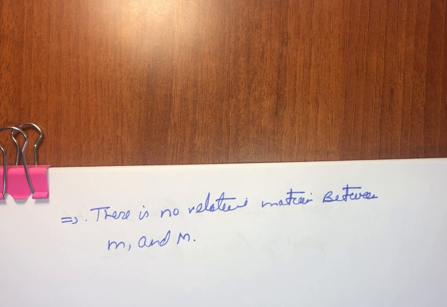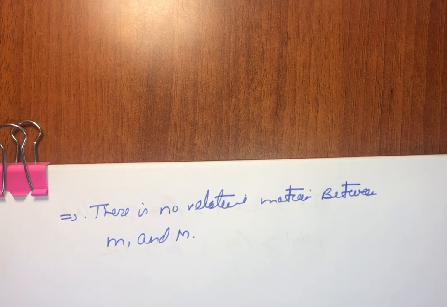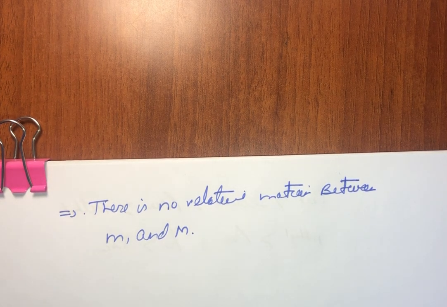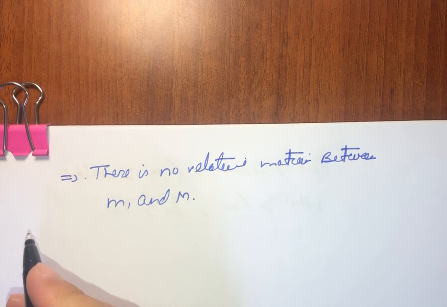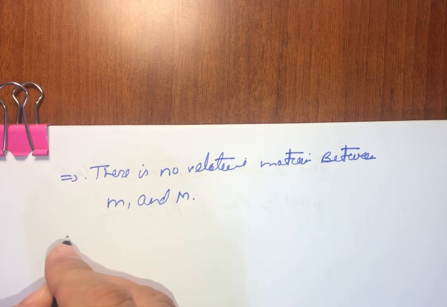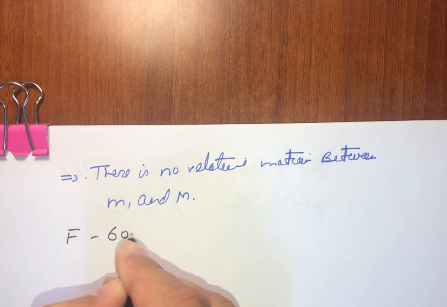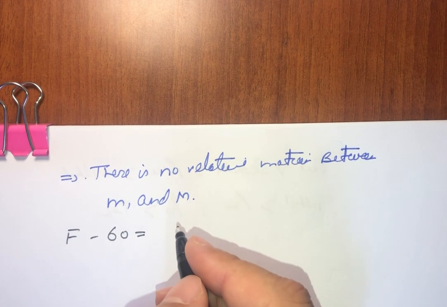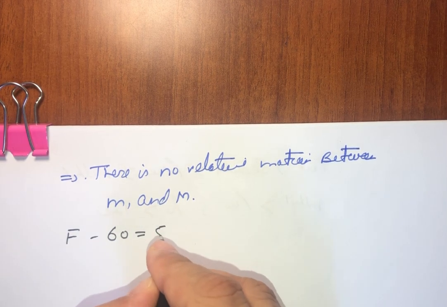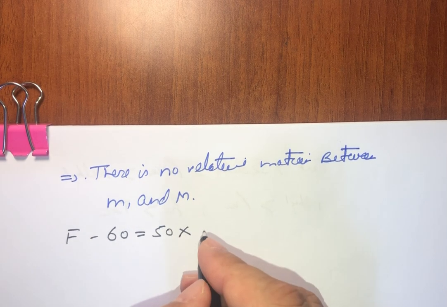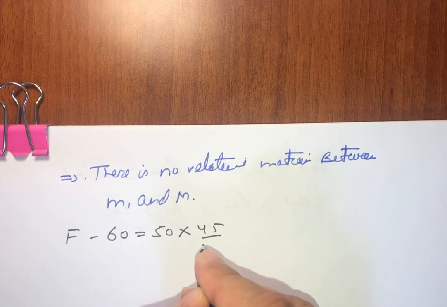Okay. If you want, we can find out the force also, so let me solve the force also. So we can say force F minus 60 is equal to capital M, which is given as 50 kg, multiplied by A, which is 45 by 25.